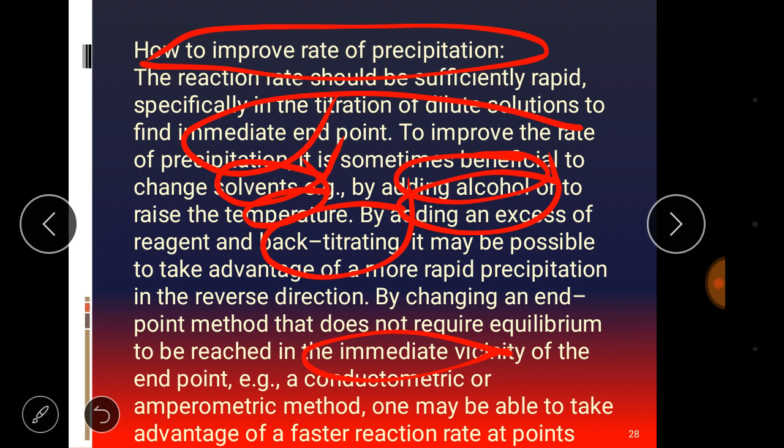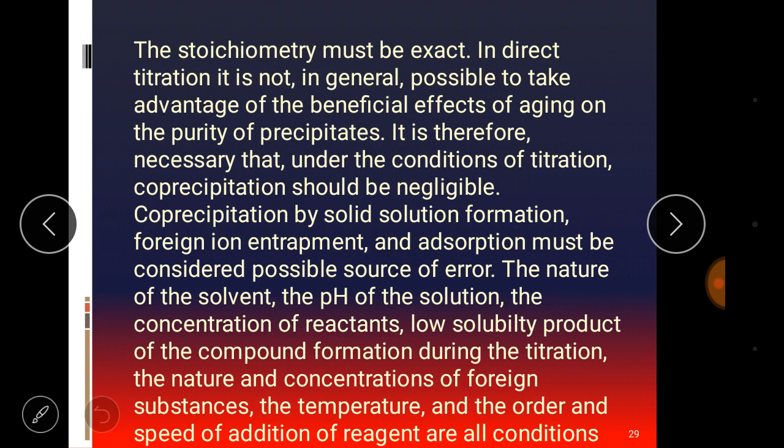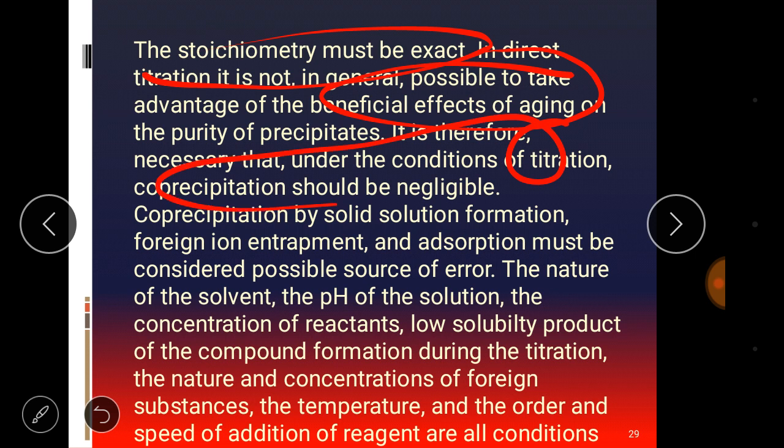And next, the stoichiometry must be exact. In direct titration, it is not in general possible to take advantage of the beneficial effects of aging on the purity of the precipitate. Therefore, it is necessary that under the conditions of titration, co-precipitation should be negligible.